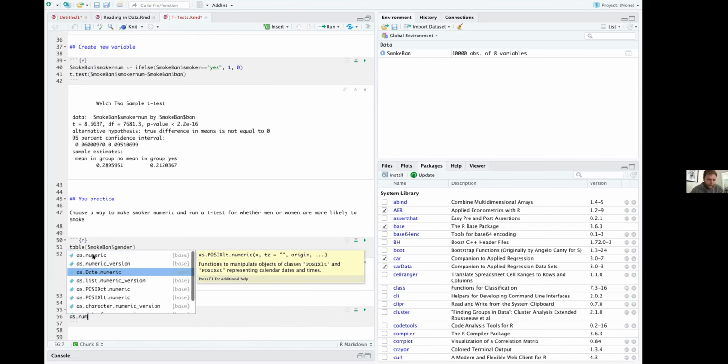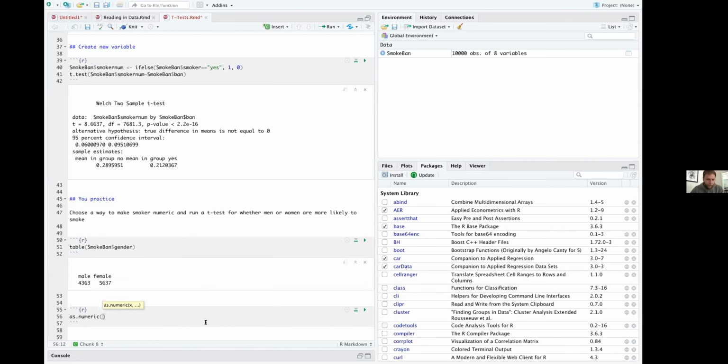And then we want smoke. Well, we're working within smoke ban, right? Is this right? Smoker. Does that look good so far? The S shouldn't be capitalized on smoker.